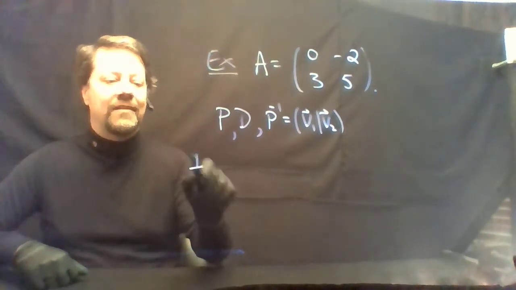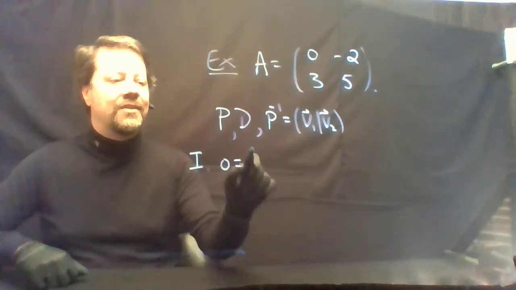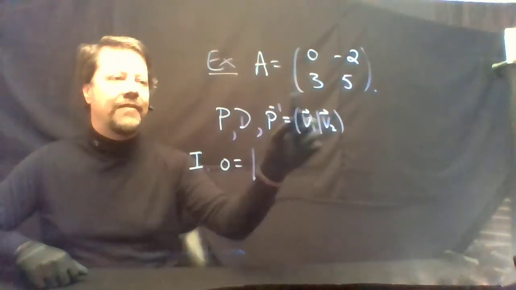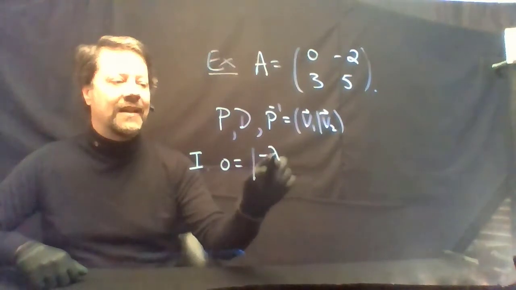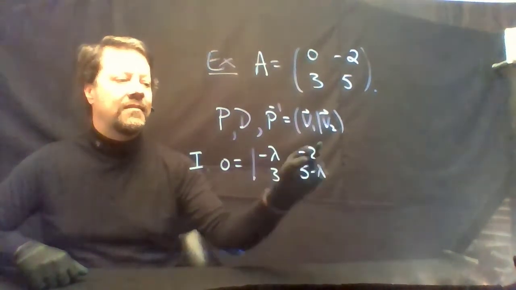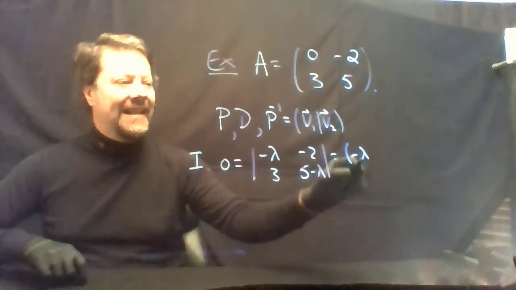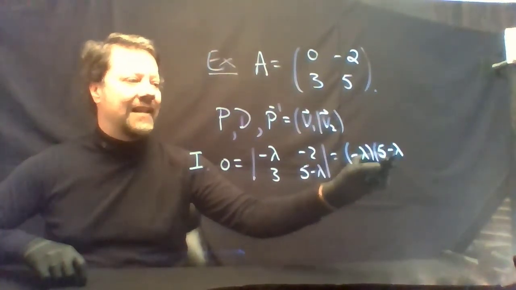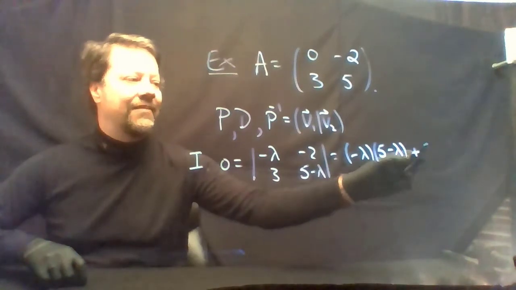So step 1, let's set 0 equal to the determinant of A minus lambda I. So we'll subtract lambda from the diagonal elements. We'll have negative lambda times 5 minus lambda, and then we subtract a negative 6.